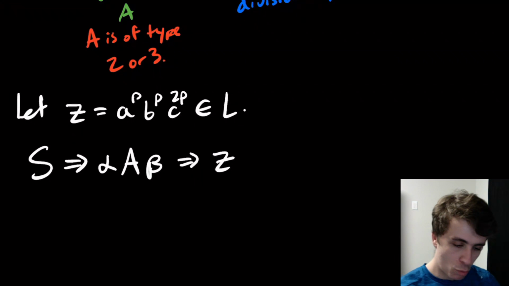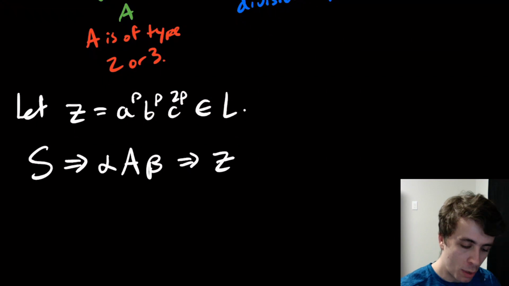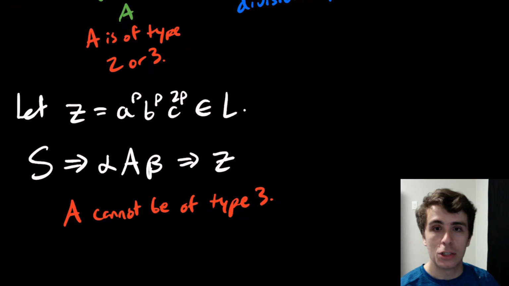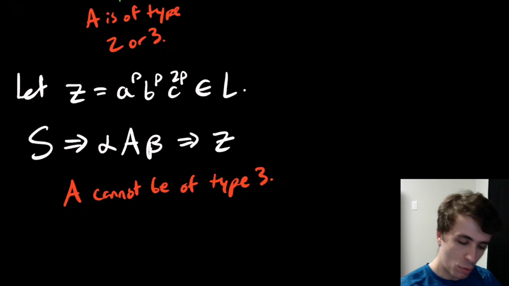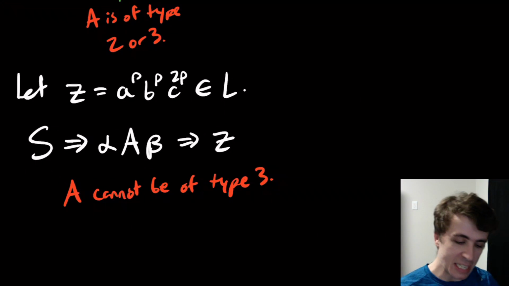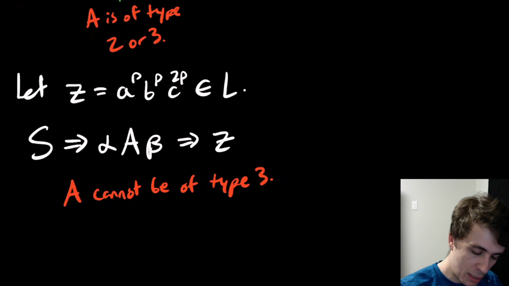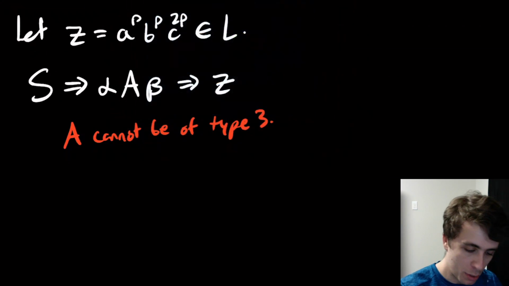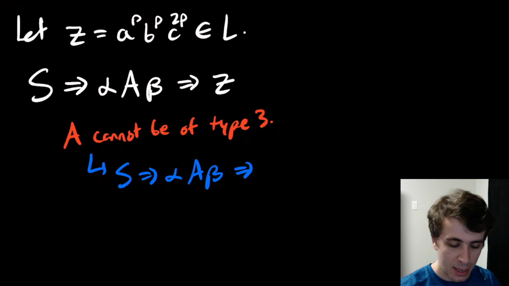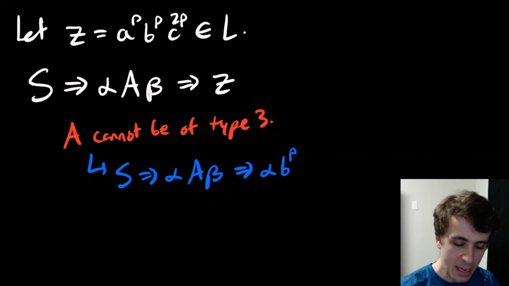And what we can show is that A cannot be of type 3. So let's suppose that it was of type 3. Then that means that we're going to get an equal number of b's and c's on both sides. So what does this actually show? This says that S is going to make alpha A beta, which is going to make alpha b to the p A c to the p beta.